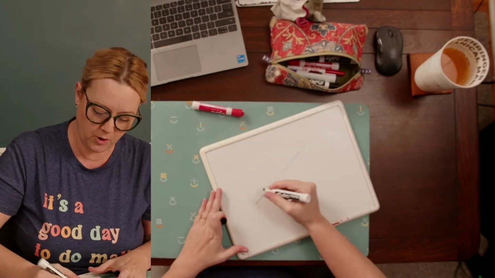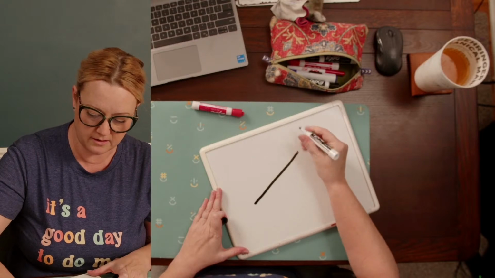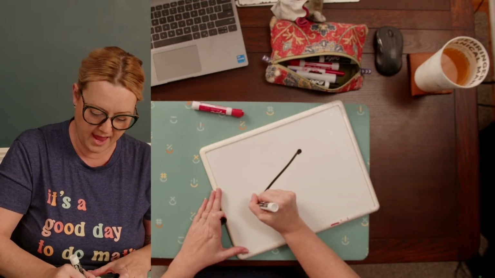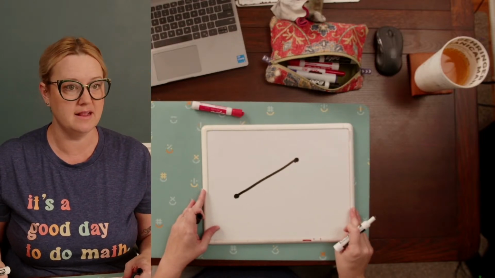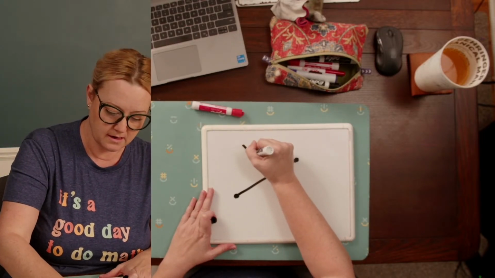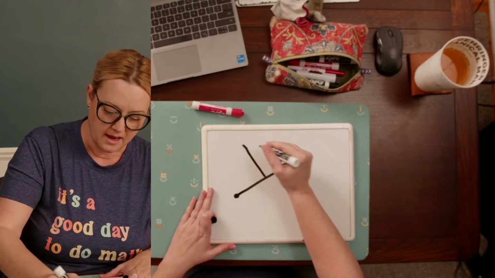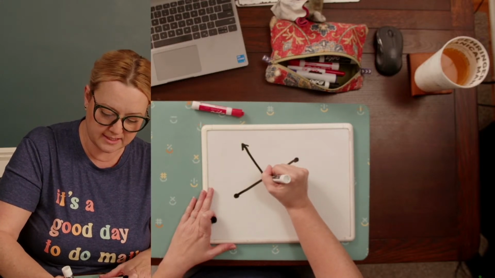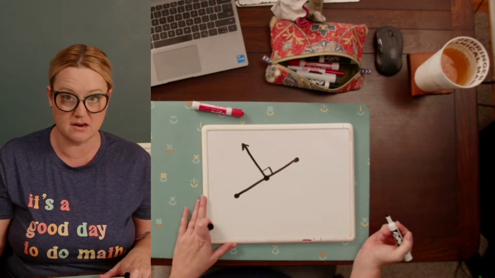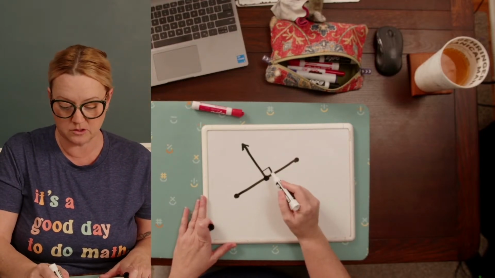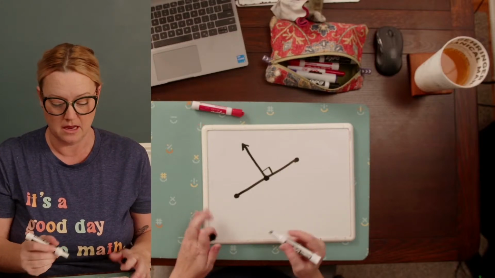So a perpendicular bisector, okay, if we have a line segment like this, okay, and then we've got this, and we say, okay, this is a perpendicular bisector. So perpendicular means that it's at a 90-degree angle, right? So we put that square that means it's 90 degrees, okay?